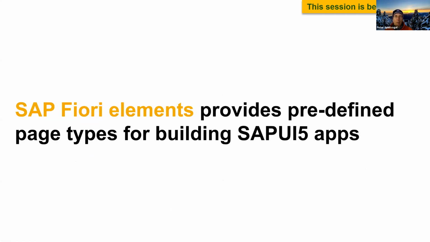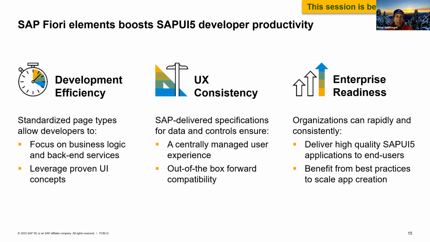So moving forward onto Fiori Elements specifically, as I said, we're really focused on a couple of key areas in terms of the value that it provides. One is that it really gives us a great development efficiency. By starting with a standard page type, you don't need to recreate that code or copy and paste. It's a template. The app itself is generated at runtime. So we've got the framework. You point to a backend OData service, and Fiori Elements brings these together and renders the app at runtime.